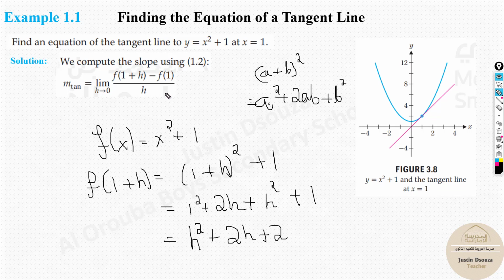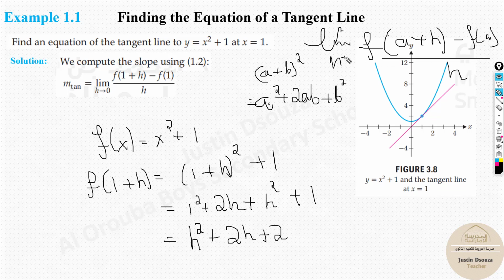Now this is the formula. You need to memorize this. The formula is written as the limit, as h always tends to 0, of f of a plus h minus f of a, divided by h. This h goes to 0 at the end, but we need to first simplify the inner things. A is always given in the question. Instead of x, whatever x value is given is the a over here.